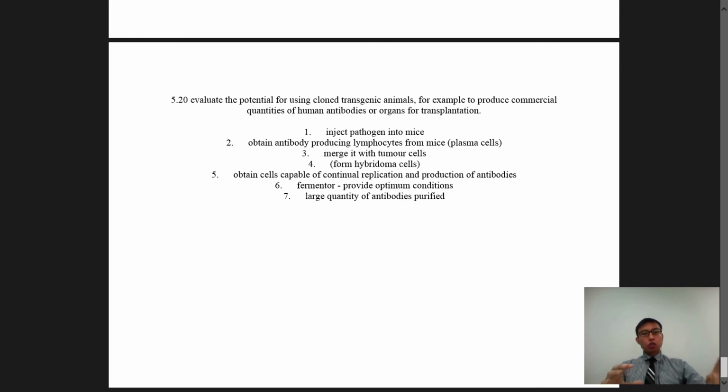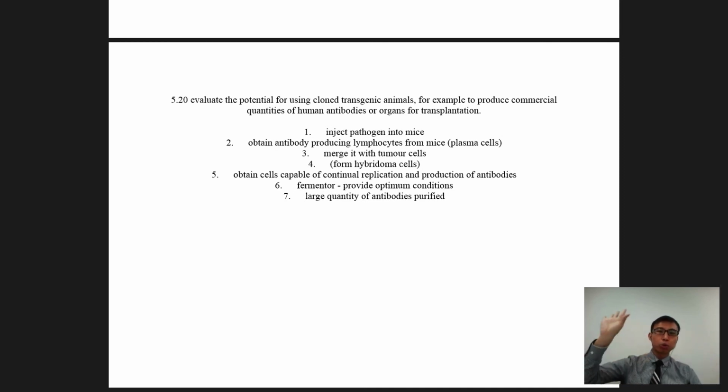So these hybridoma cells are capable of continual mitosis, and at the same time keep producing antibodies because they are merged with a lymphocyte. You put them in the fermenter again, provide the optimum conditions, and then you produce a large quantity of antibodies. What you have to do at the very end is just purify the sample. We have these antibodies and you can use them to treat diseases.